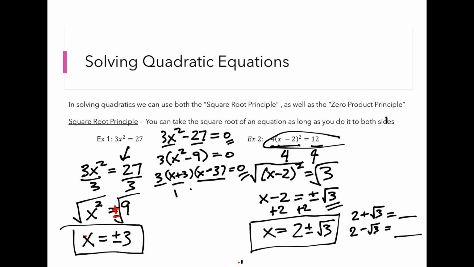We see that negative 3 here would give me 0 for that parenthesis. Positive 3 here would give me 0 for that parenthesis. And so positive and negative 3 are the solutions there. So in this particular case, I was also able to solve this either using factoring or using the square root principle.